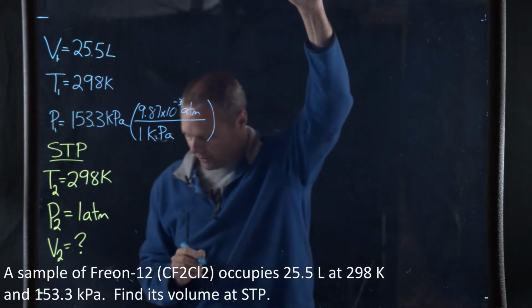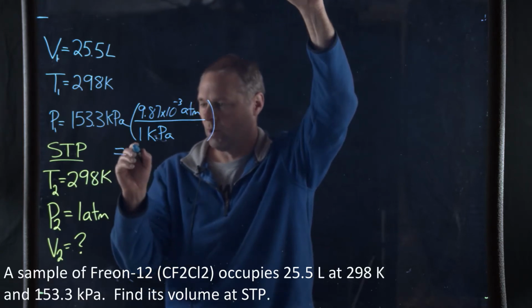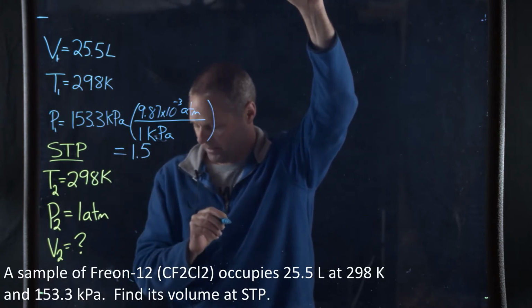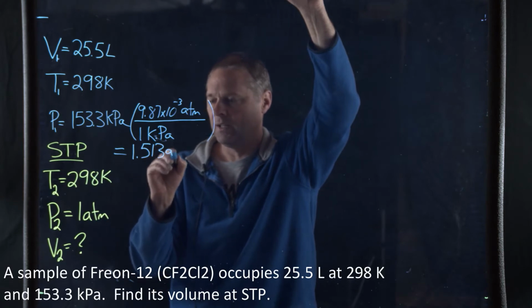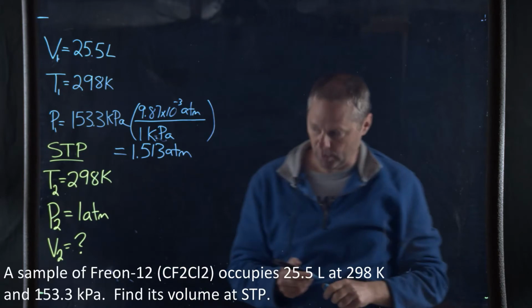When you do this arithmetic, what we end up getting is that our pressure is 1.513 atmospheres. So that's going to be P1.